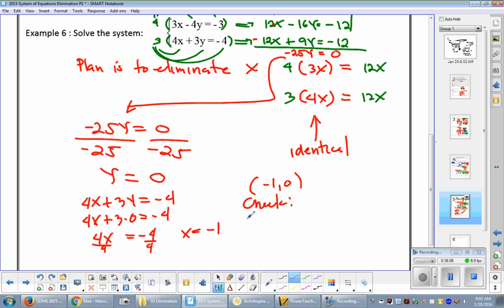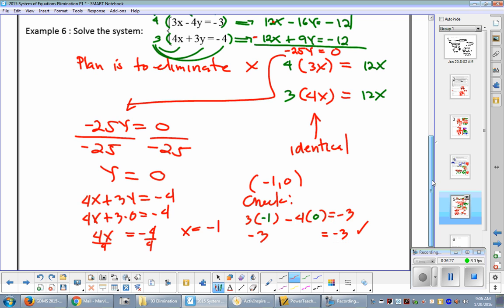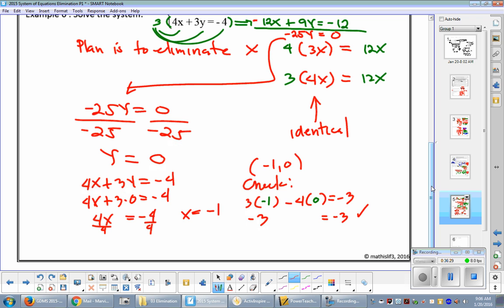Okay, so we have 3x minus 4y equals negative 3. Replace our x by negative 1, y by 0. This is equal to negative 3. This is just equal to 0. So the left side is equal to the right side. Equation 1 is correct. Let's check our second equation.